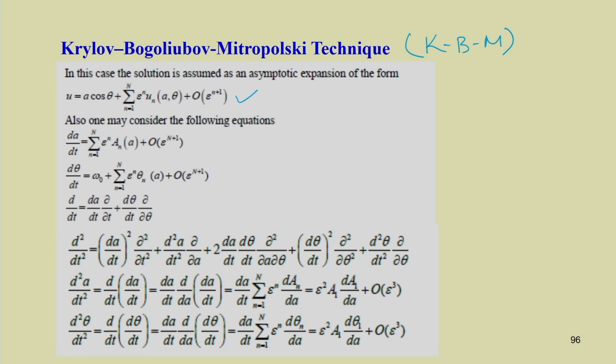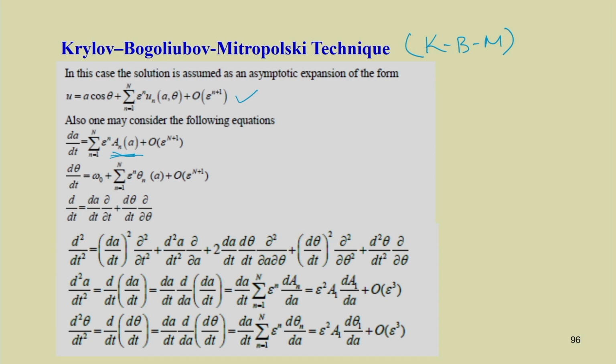Similarly, you just see this dA by dt is assumed to be a function of a. So, A n is not a function of theta. Similarly, d theta by dt equal to omega 0 plus summation n equal to 1 to n epsilon n theta n of a plus order of epsilon to the power n plus 1.